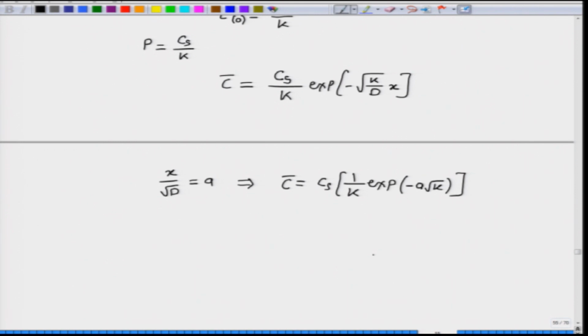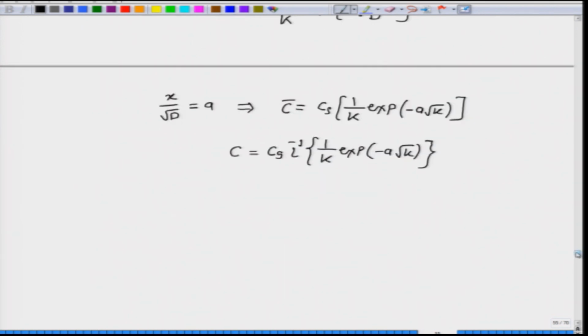We solve this Laplace transform. So, if we take the inverse Laplace on both sides, we get our concentration field. So, C is equal to C s, constant, L inverse of 1 by k exponential minus a root k. And if we look at the Laplace transform table, or we solved this in a previous class, the Laplace transform of this term is error function c, the complementary error function a over 2 root t.